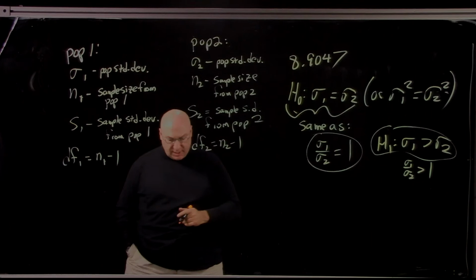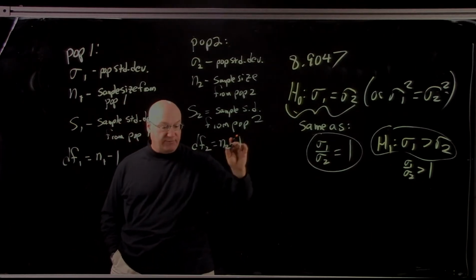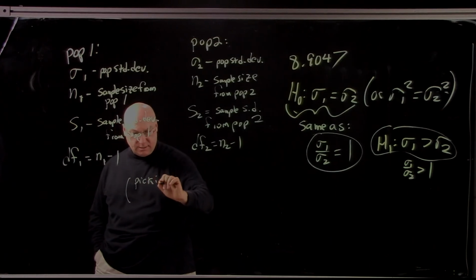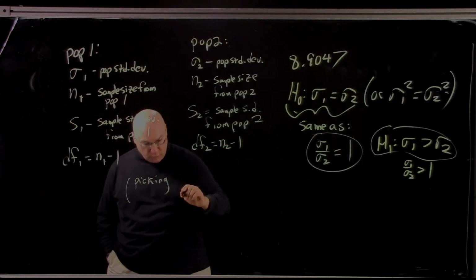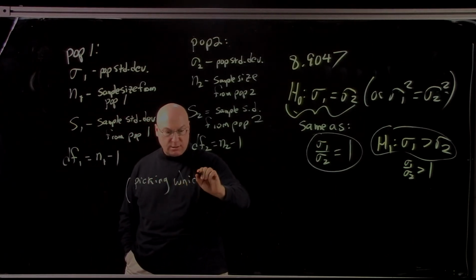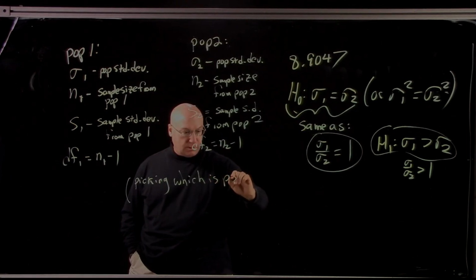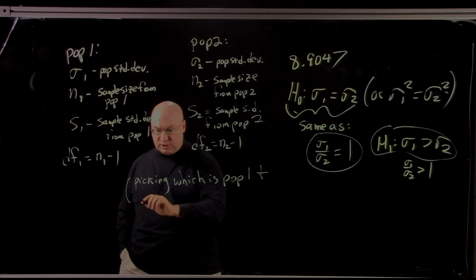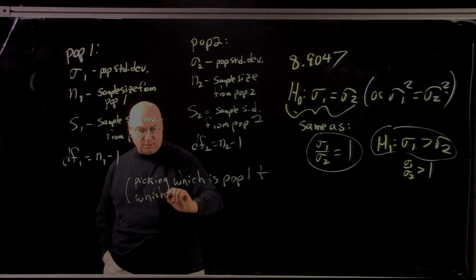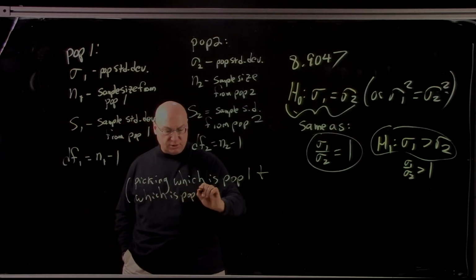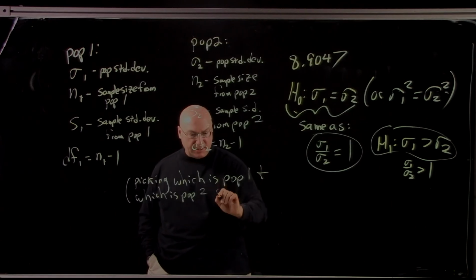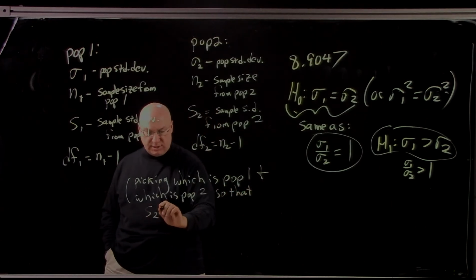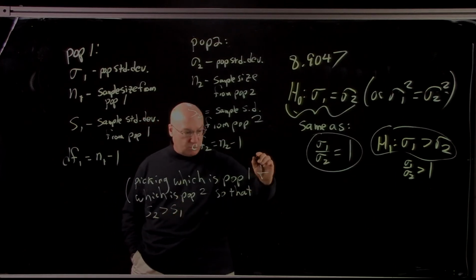Okay, and so I just say here off to the side, I have a little note right down below. We are picking which is pop 1 and which is pop 2, so that S1 is greater than S2.